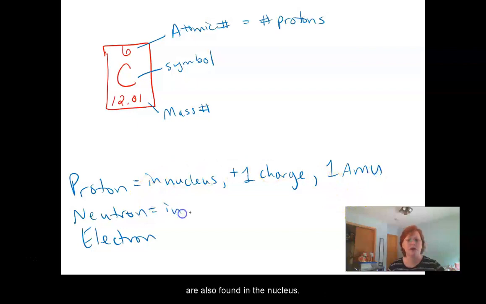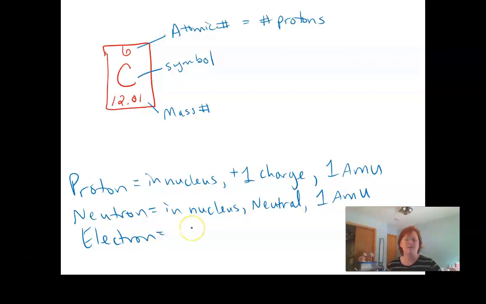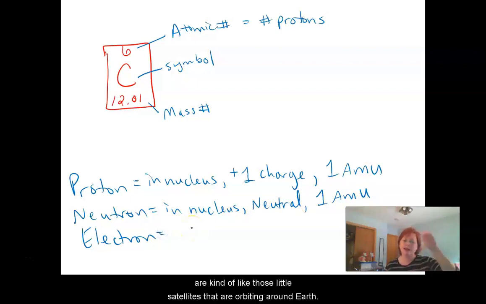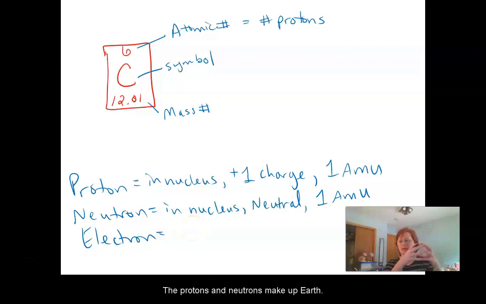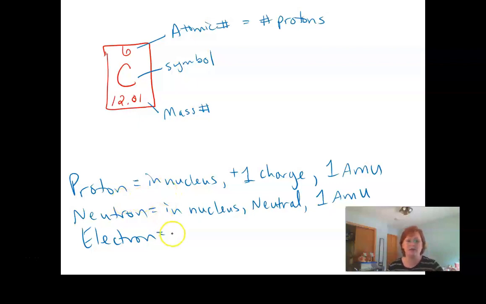Neutrons are also found in the nucleus. They have no charge, so they are electrically neutral, but they also have a mass of 1 atomic mass unit. Electrons are kind of like those little satellites that are orbiting around Earth. The protons and neutrons make up Earth, and my electrons are the satellites. So they are orbiting around the nucleus.